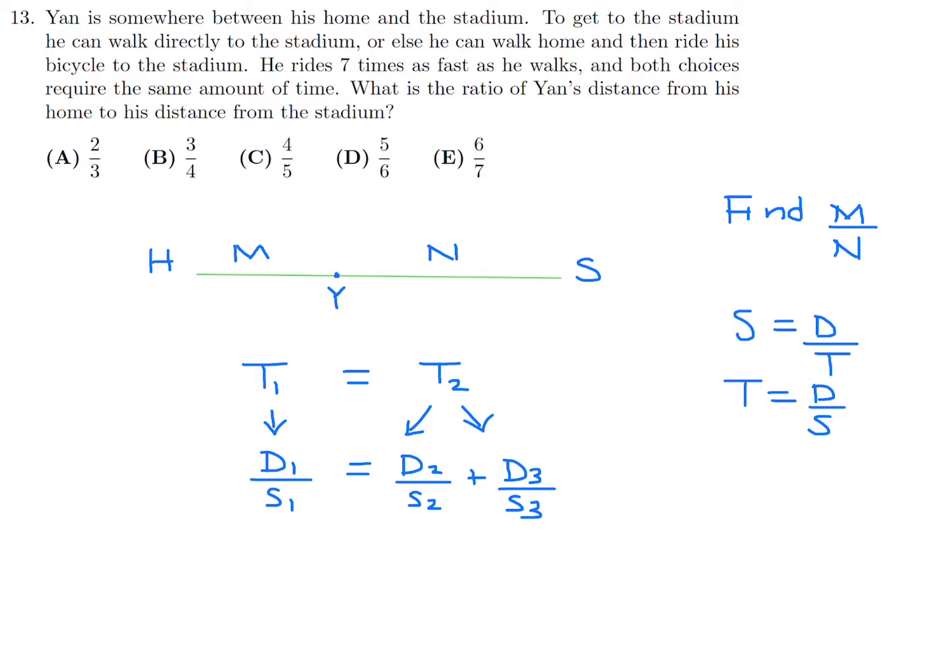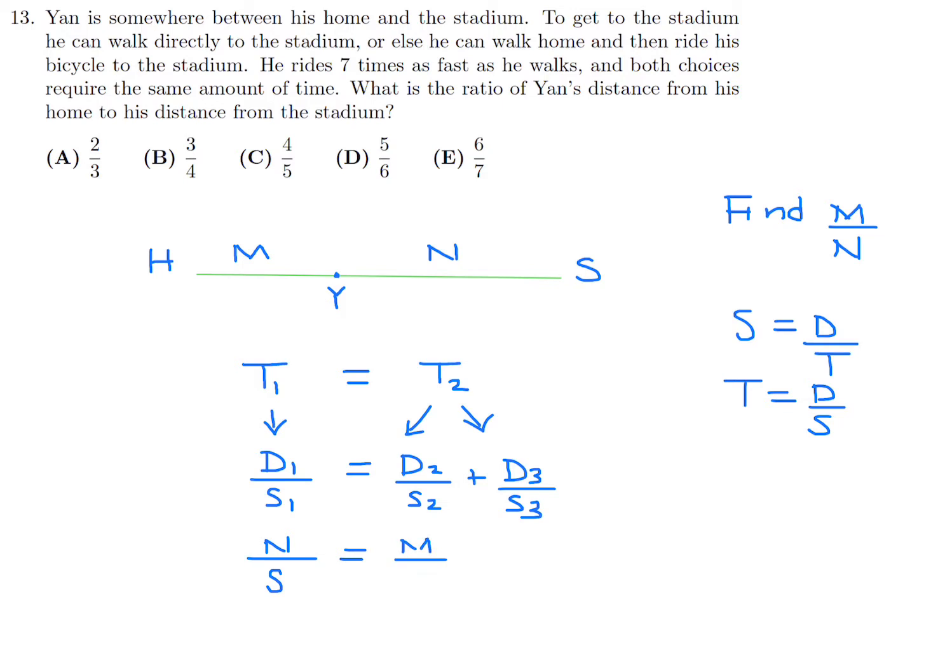D1 is what? This distance right here, so that's just N. And S1 is the speed, which is him walking. I don't know what the speed is, so I'll denote it as S. Now the next scenario. D2 is this distance right here, so that's M. And is he walking or riding his bike?